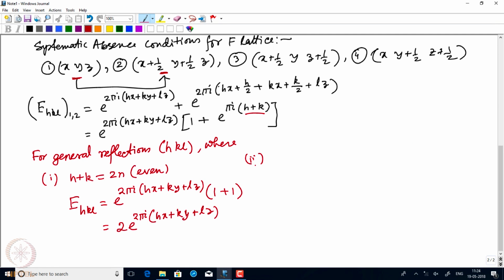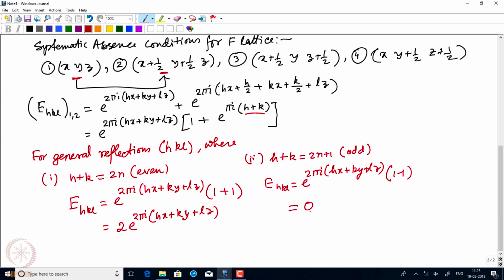For condition 2, where h plus k is equal to 2n plus 1, which means odd, the same E HKL like before will become e to the power 2 pi i (Hx plus Ky plus Lz) into 1 minus 1, which is equal to 0.